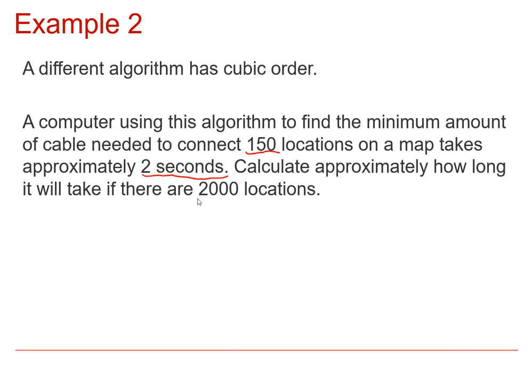We need to figure out how long it's going to take if it was a larger problem, size 2,000. Just like before, the first thing we're going to do is work out how many times bigger the larger problem is than the smaller problem. Doing that calculation, we find that it's about 13 times bigger, or 13.3 recurring to be precise.